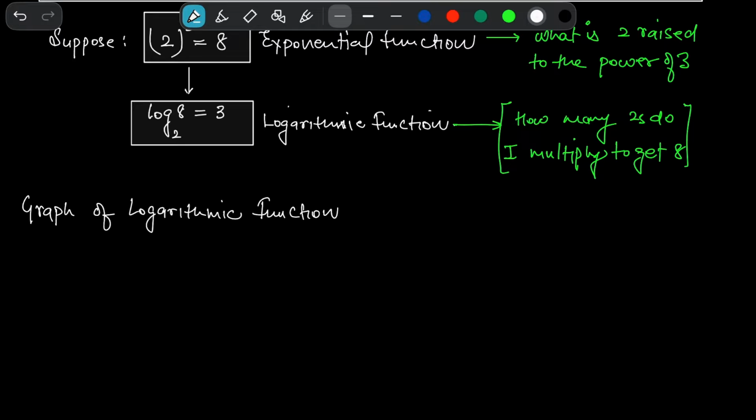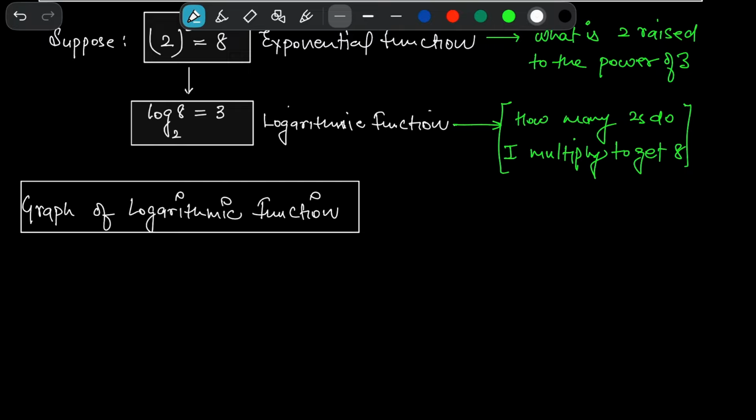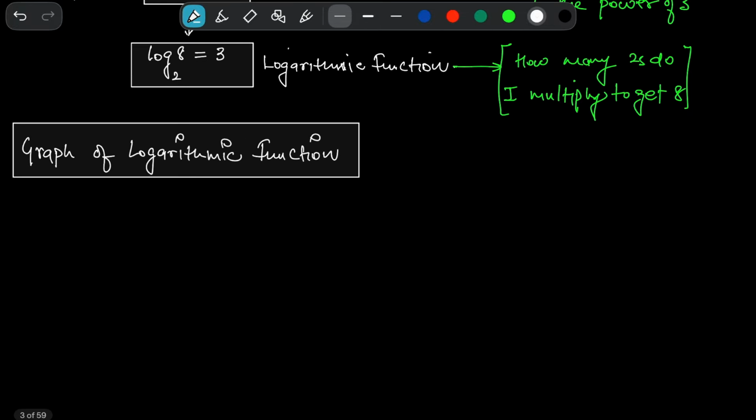We will understand how a logarithmic function and exponential function are actually connected to each other. To understand this, I have an expression, that is y equals 10 to the power x, right? So let's assume that this is your function f.